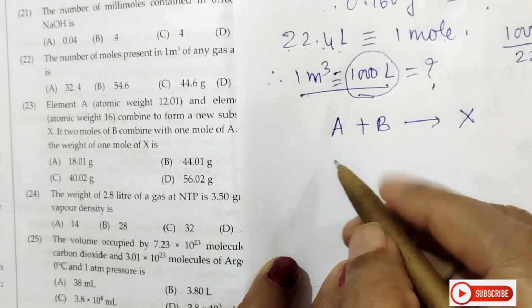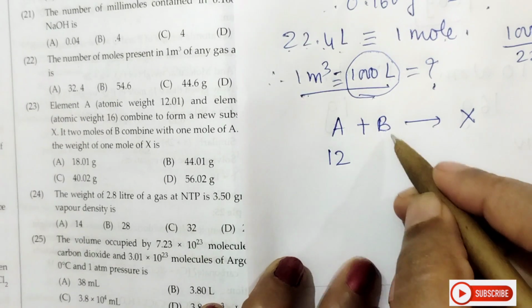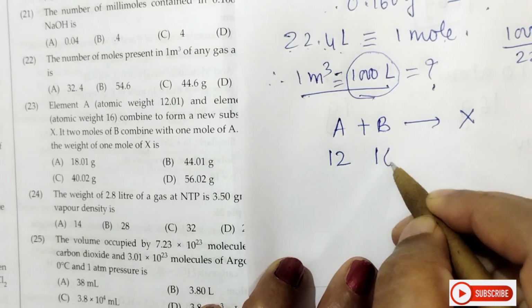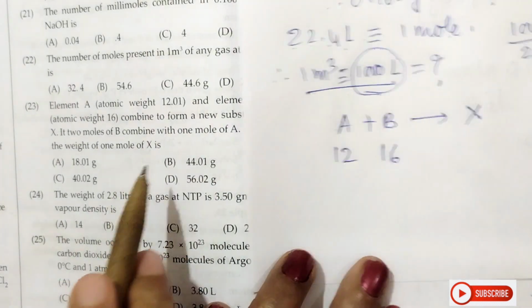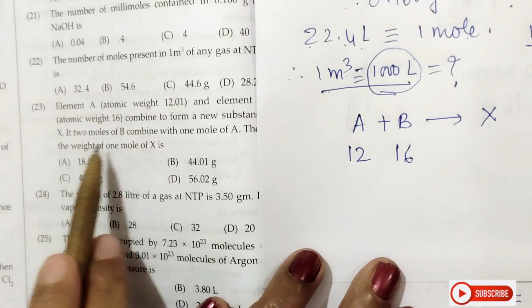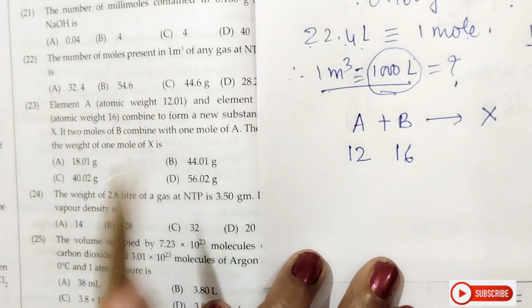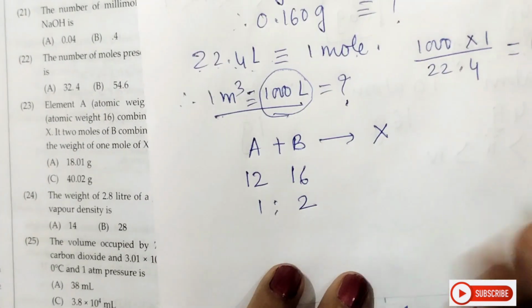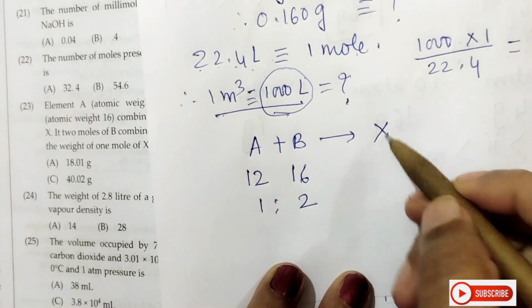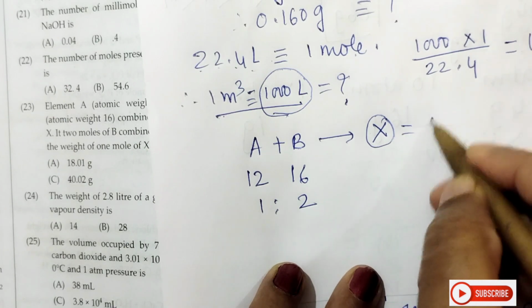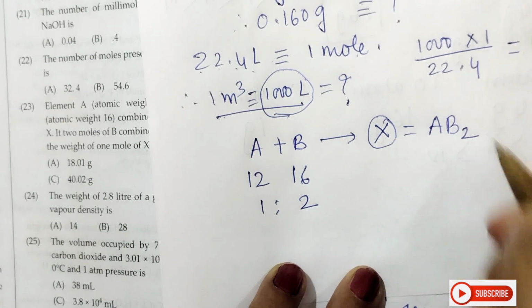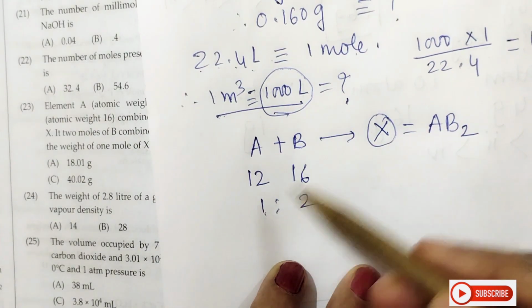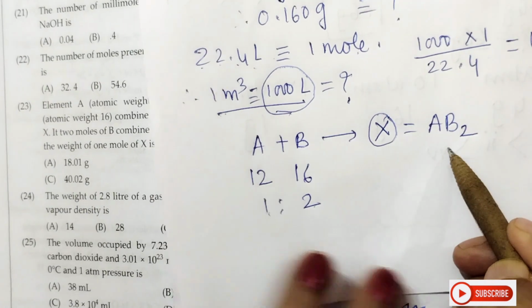A atomic mass is 12 and B atomic mass is 16. They give the ratio of the moles also. If 2 moles of B combine with 1 mole of A, the ratio is 1:2. So the compound X formed must be of AB2 type, so the molecule will be of this type.